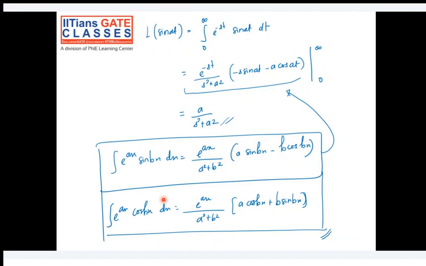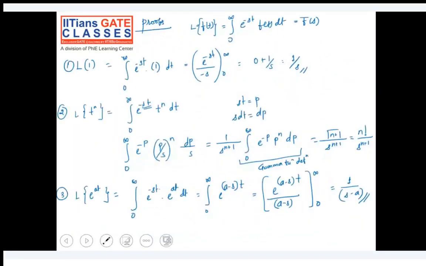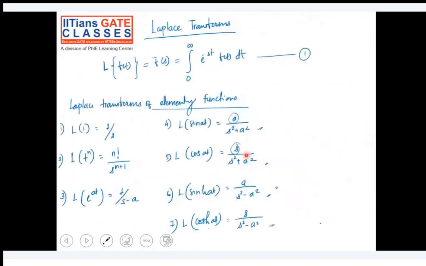Then only you will be able to solve complex problems where more than one function is involved. If you don't know the standard results, you will spend time deriving them, and that is not expected from the exam point of view. So these 7 formulas are very important for you.